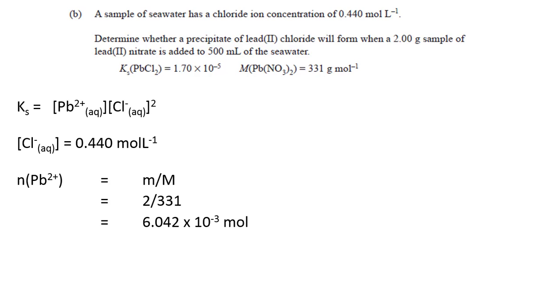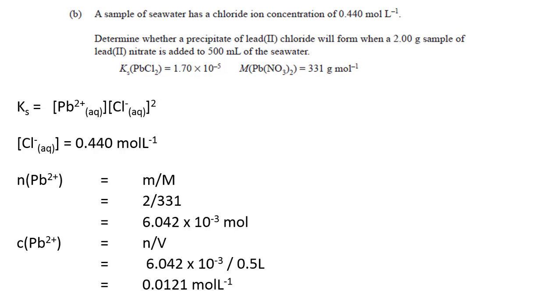So to do that, the number of moles of lead ions is mass over molar mass, so 2 divided by 331, and we get 6.04 times 10 to the negative 3. Then we can use that number of moles to find the lead ion concentration using the number of moles divided by the volume.